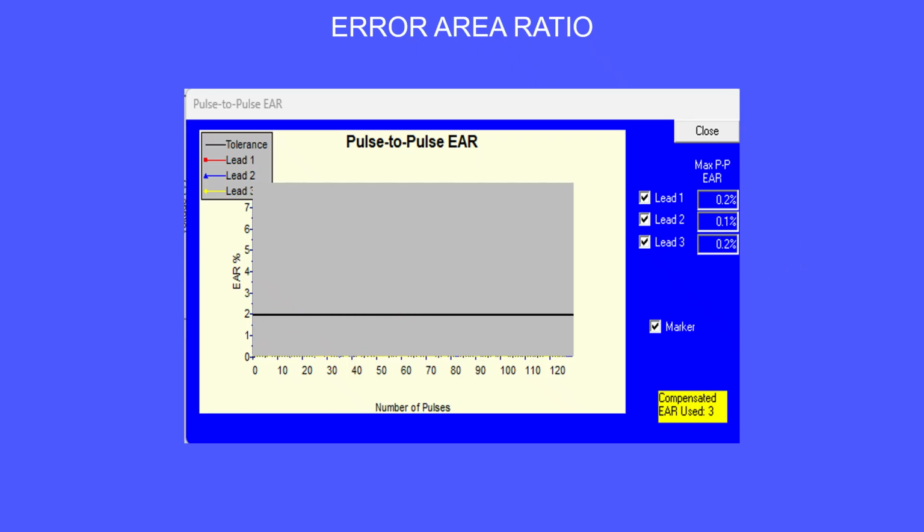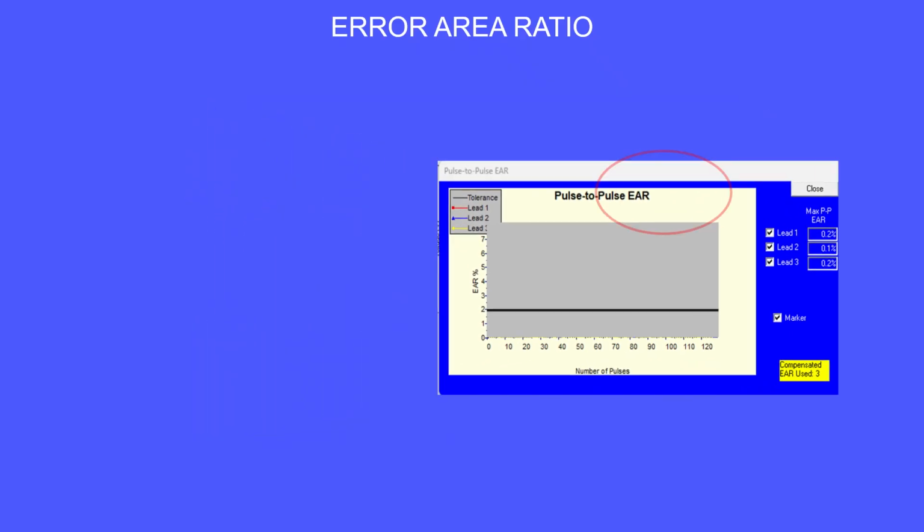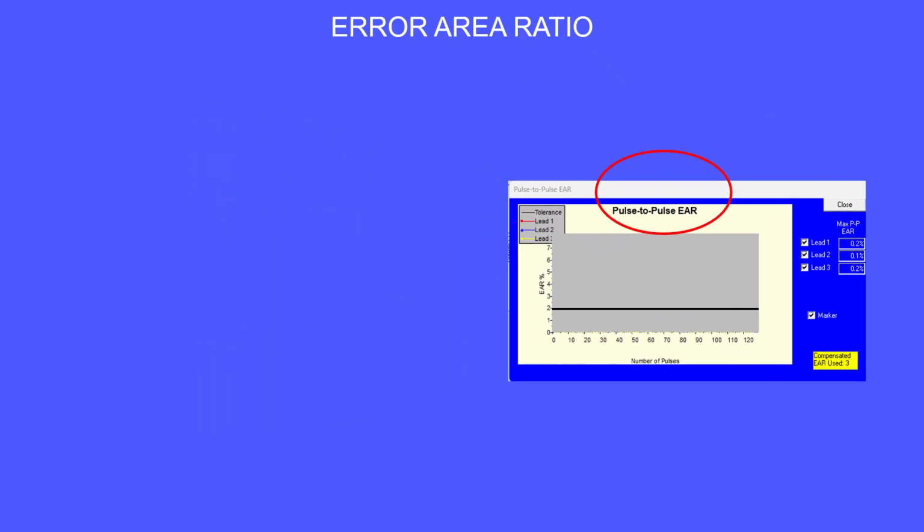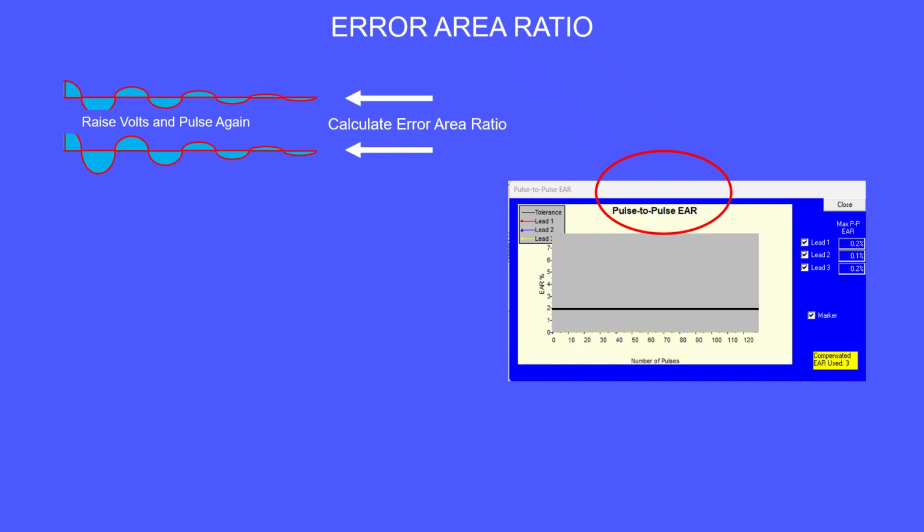As the test progresses, the pulse voltage increases, the area between waveforms is measured and the error area ratio is plotted on the EAR graph. Again the voltage is raised and areas compared, EAR plotted, and the test is continued.